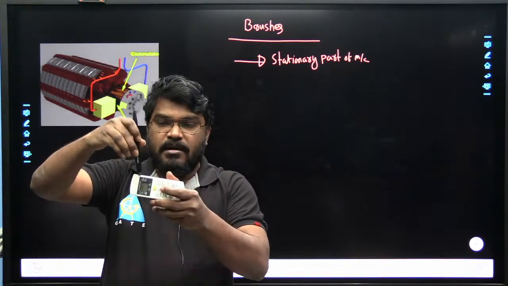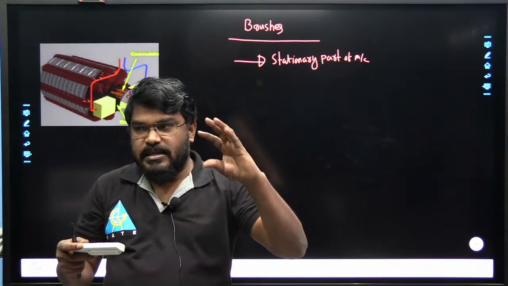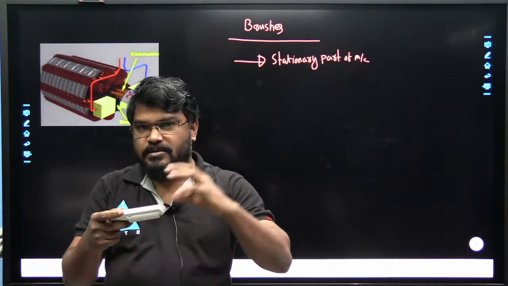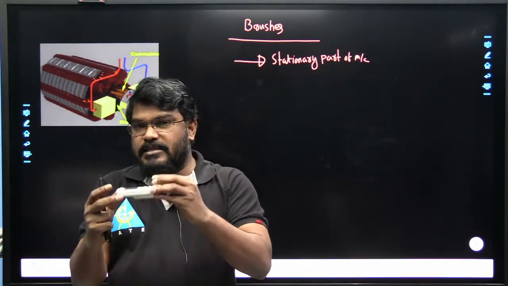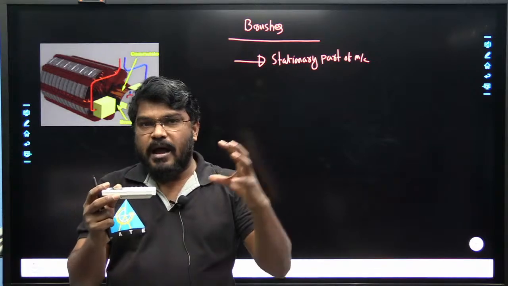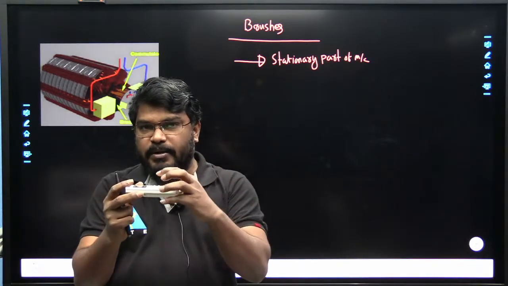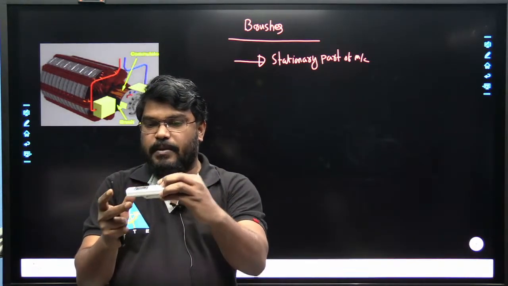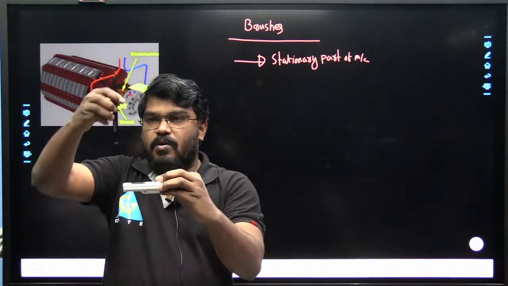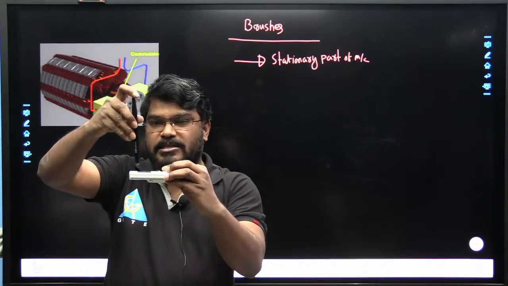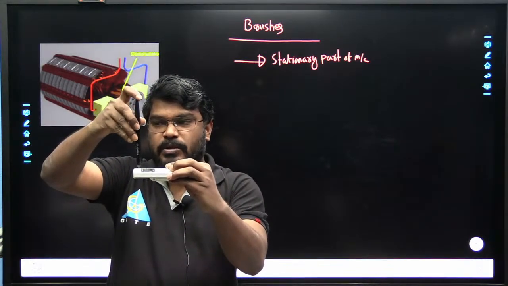This is my armature with its conductors, and this is the commutator part. All the armature conductors are connected to the commutator segments as shown here. The brush is fixed to the stator frame.